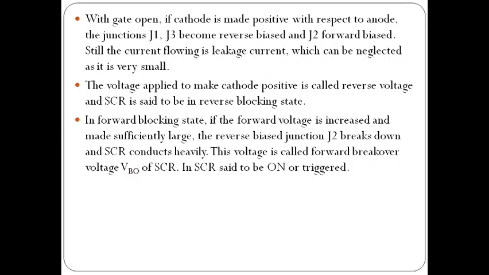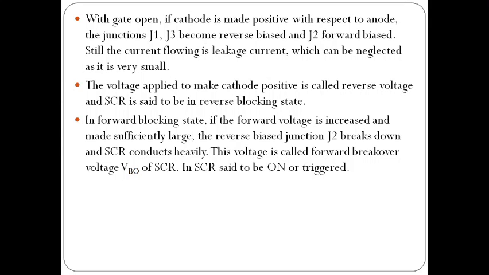Due to that potential, junction J2 becomes forward biased. So when the gate is open and reverse bias is applied to the SCR, J1 and J3 become reverse biased and junction J2 becomes forward biased.